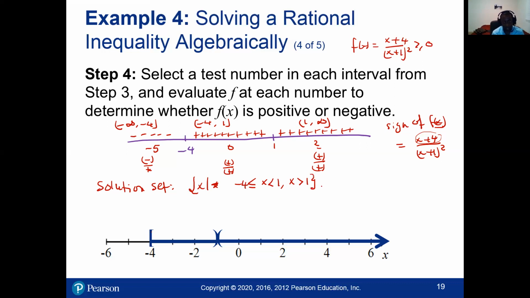Or in interval notation, it will be from -4 to 1, bracket on the -4, parenthesis on the 1, union 1 to positive infinity. And the graph is that.